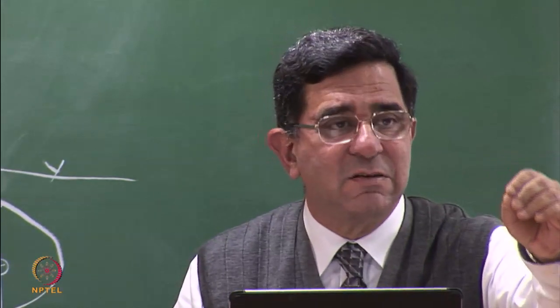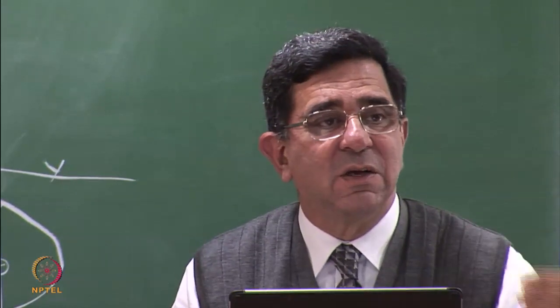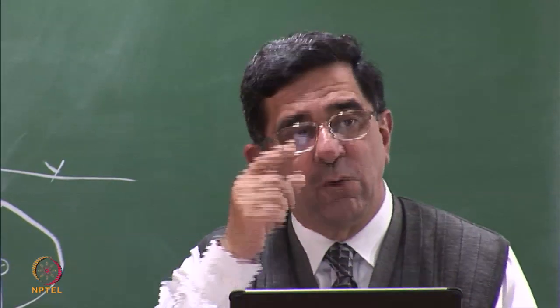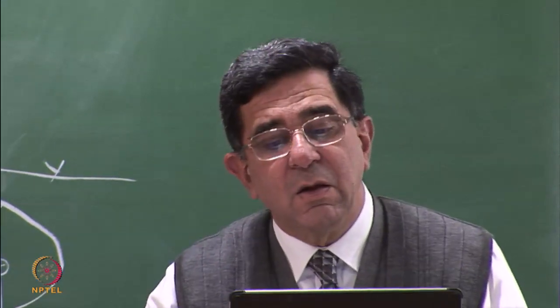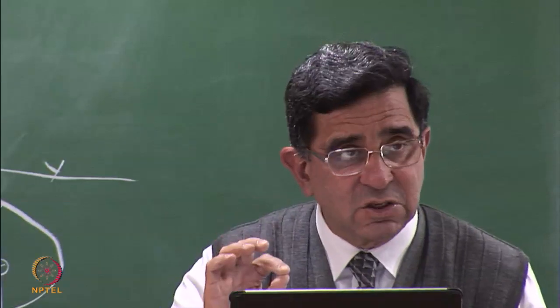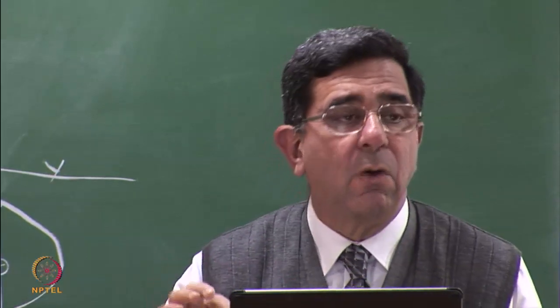No human being has touched it. No end cap sealing is required with wax or with a stainless steel cap. It is self-sealed. So for fluids, the filter tip vacuum sampling is the ultimate in cutting edge technology for the purpose of sampling fluids, whether gases or liquids.